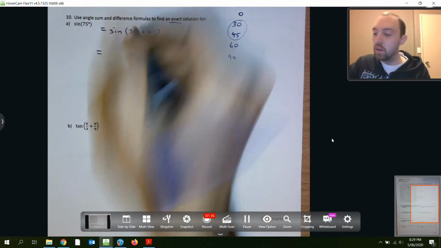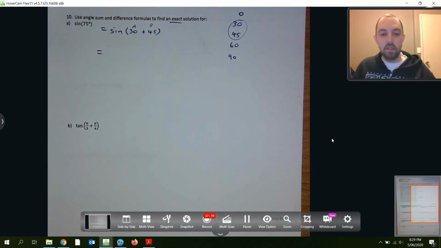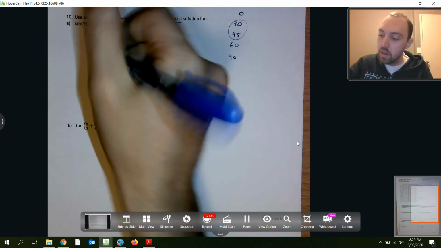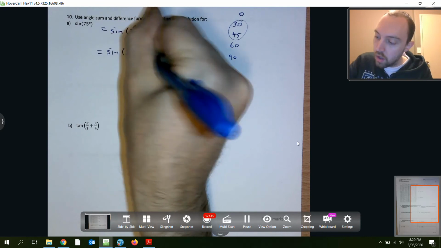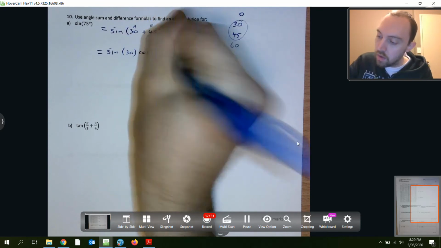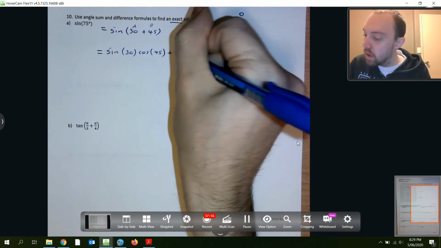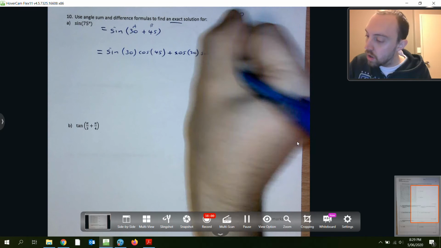Now, this is A, this is B, you've got to apply this to the pattern in your formula here. So sine of 30 cos of 45, add cos of 30 sine of 45.